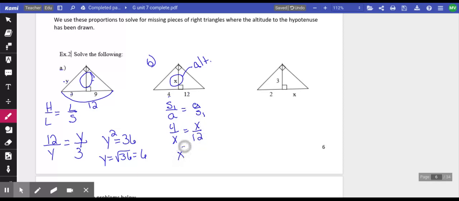I cross multiply, I get x squared equals 48. I then take square root of both sides. You can round to the nearest tenth again. So the square root of 48 is 6.9. I want you to pause and try problem C.